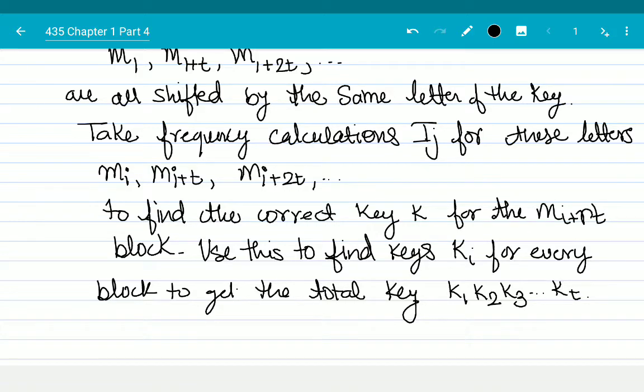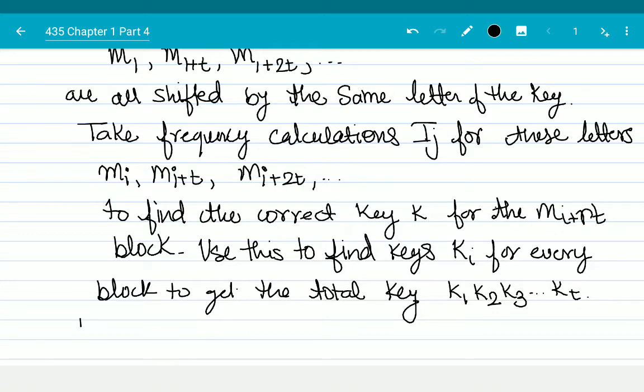And so the first block m1, m1 plus t, m1 plus 2t is shifted by k1. m2, m2 plus t, m2 plus 2t is shifted by k2, and so on.